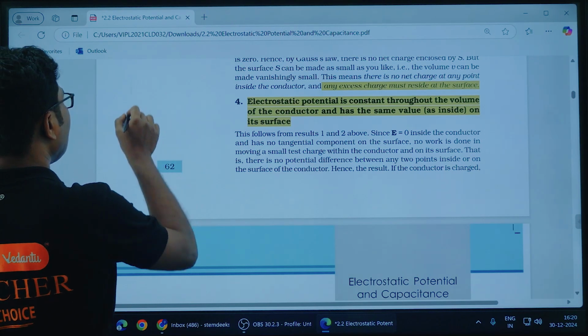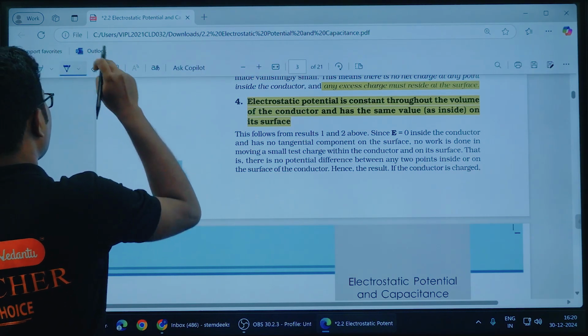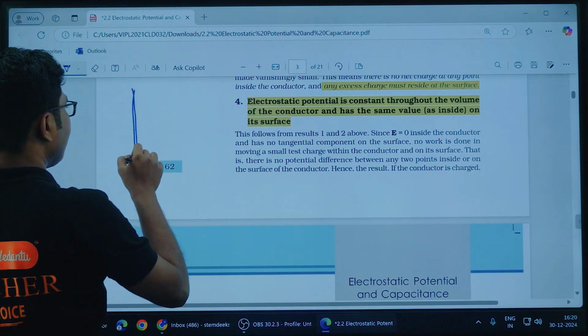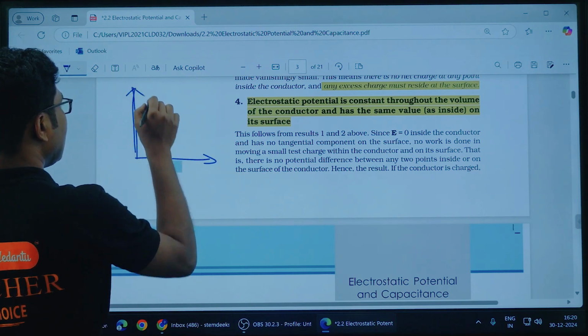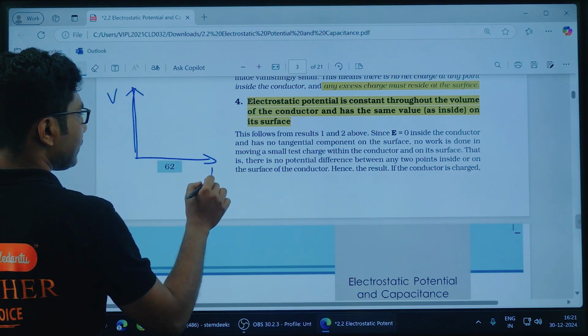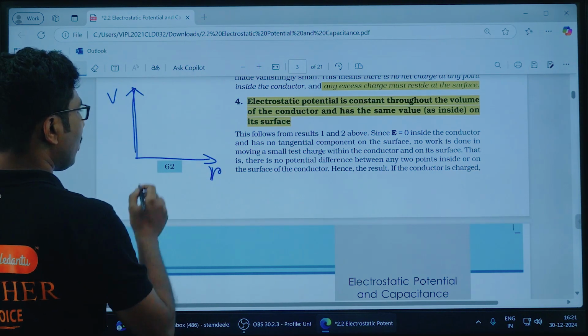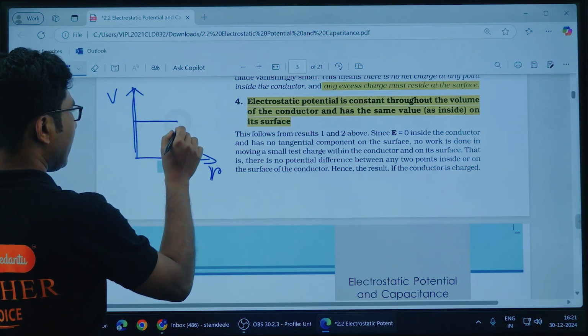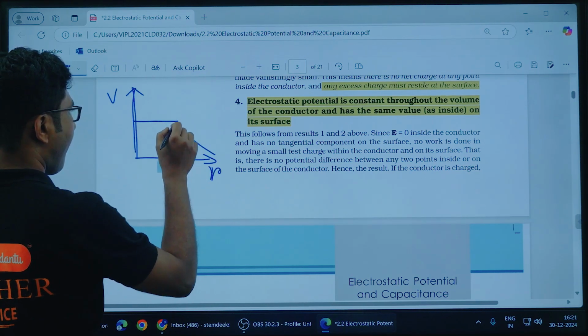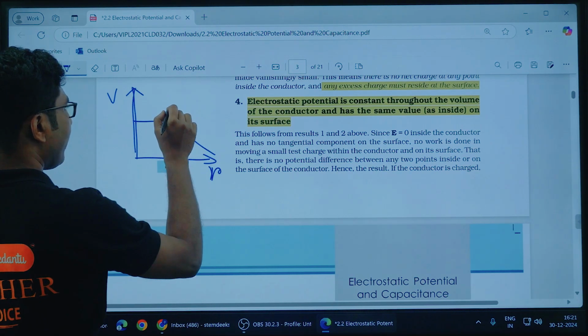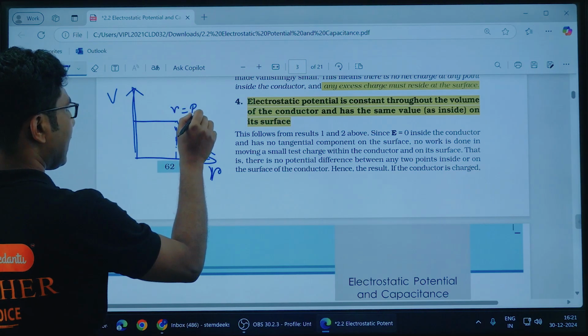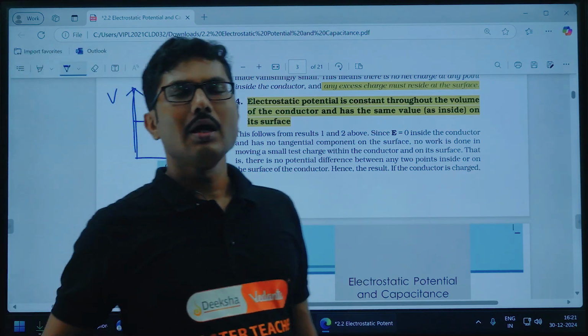So, if you plot the potential graph of a conductor, the graph will be like this, potential versus distance. Suppose this is the potential, this is the distance, say small r, you will get the value like this. This is the point where r is equal to capital R. Capital R is the radius of the conductor.